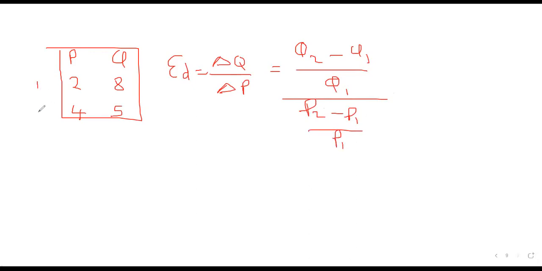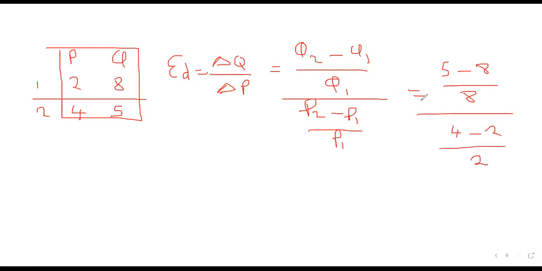So you can call these the ones and the twos. All right, so meaning this will be 5 minus 8, divided by 8, over 4 minus 2, divided by 2. Is that okay? So here on top, what are we going to have? 5 minus 8 is -3. -3 over 8.